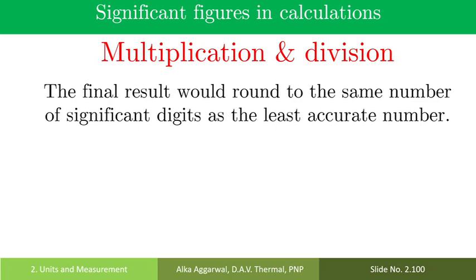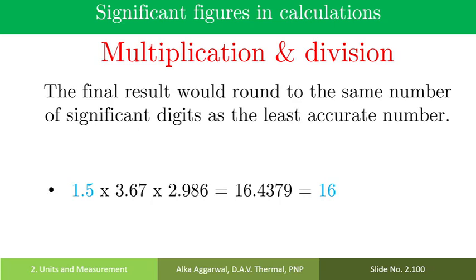Retain the minimum number of significant figures as it occurs in the quantities to be computed. For example, 1.5 times 3.67 times 2.986 is equal to 16.4379.